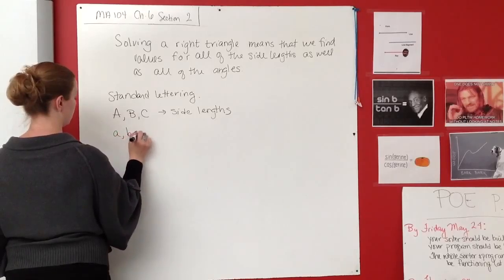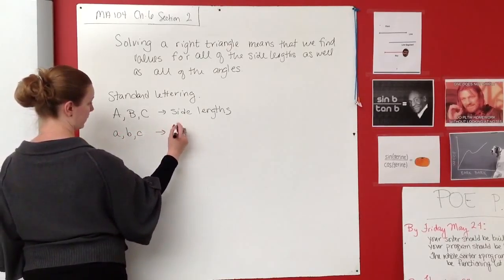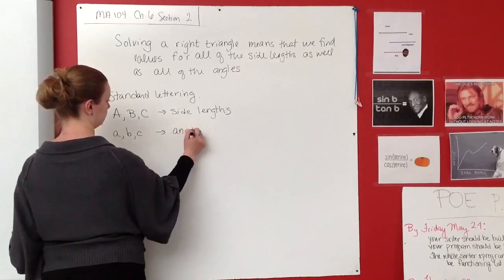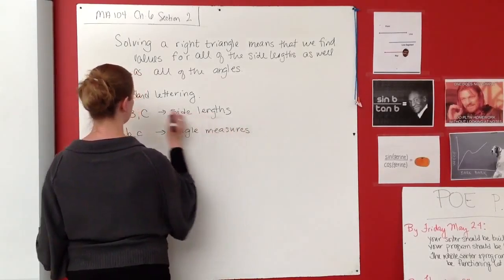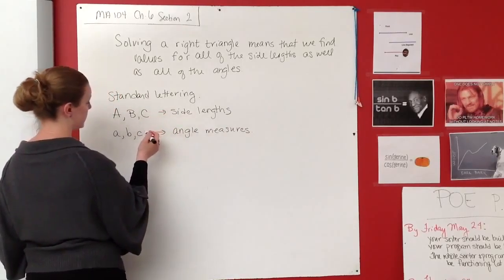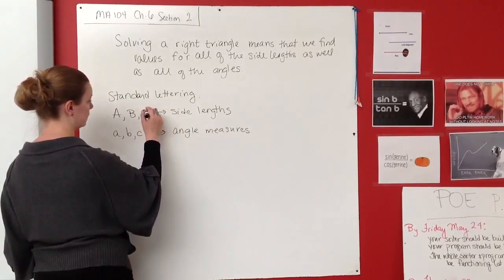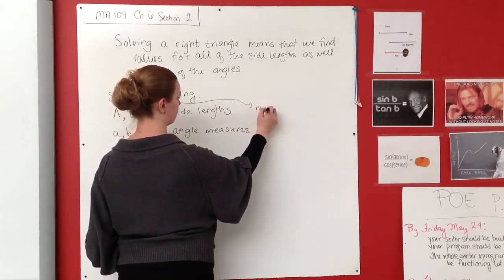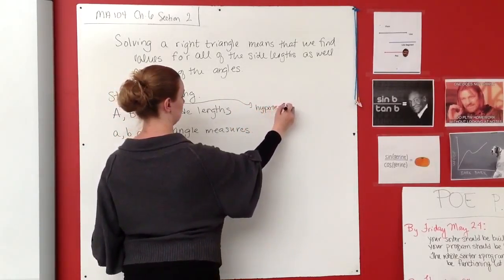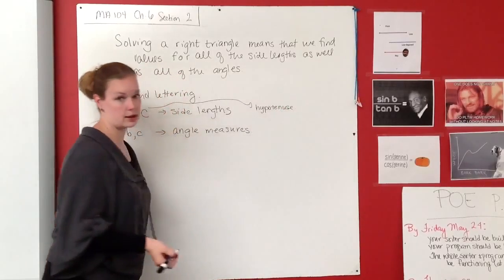A, B, and C represent angle measures. The only unique thing about this is that C, capital C, is always the hypotenuse, sort of like with the Pythagorean theorem.